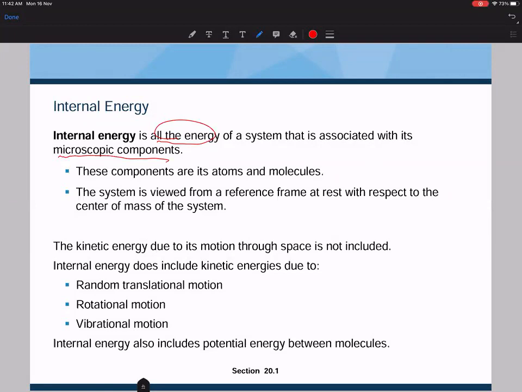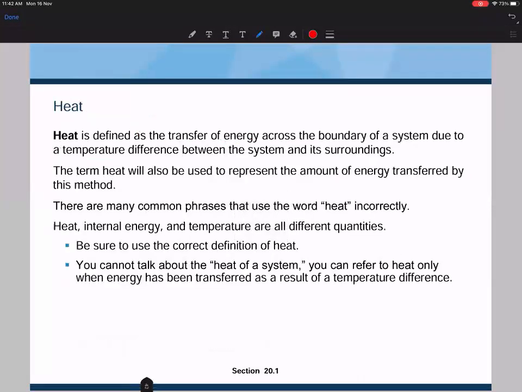So that is the main idea of the internal energy, referring to the energy possessed by all the atoms or molecules, if you like. And another form of energy that is always present in the system, or if you like, that is present between the system and the surrounding, is the heat energy.